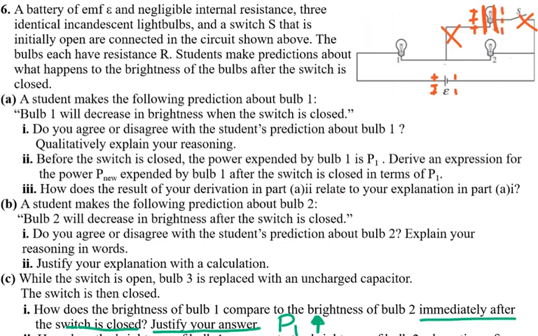So the current will not go this way, the current will go only this way. So it's the same as when the switch was closed, back to the same circuit. And at this point, the brightness of the first bulb is the same as the second one because they share the same current, I squared times R, and they have the same resistance, which gives you the same power.